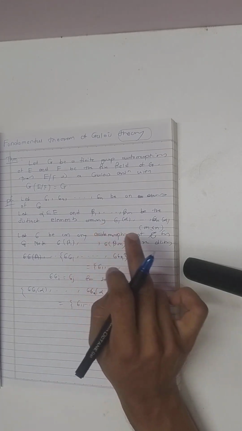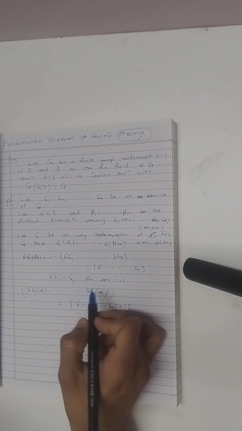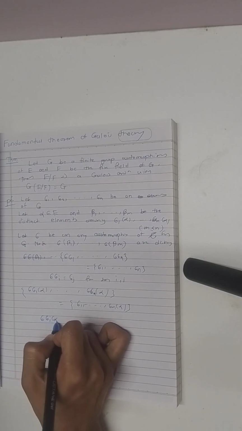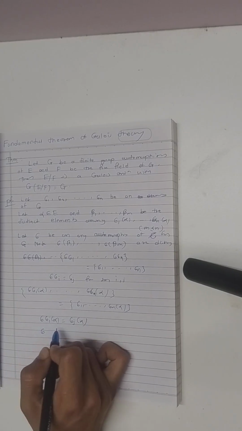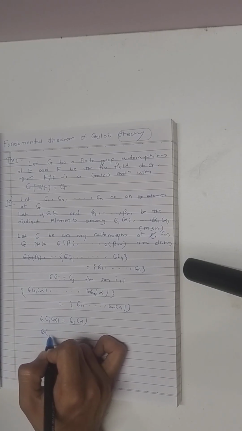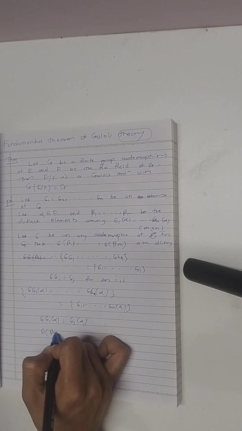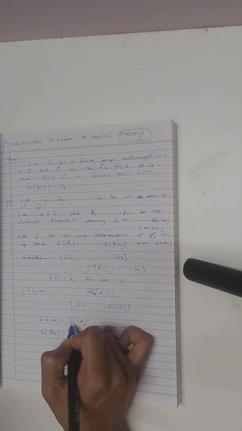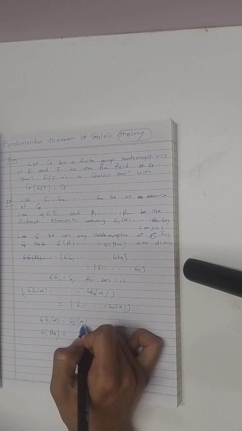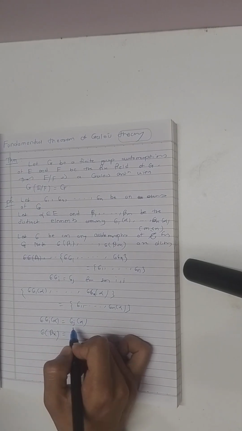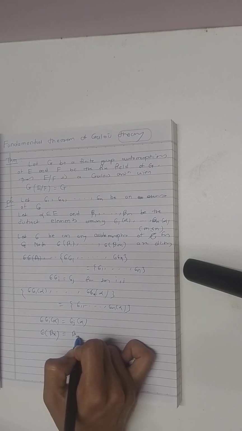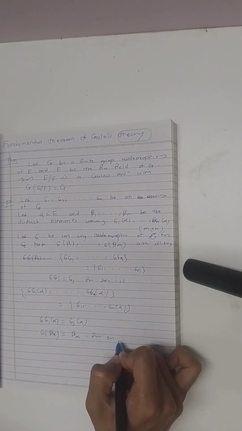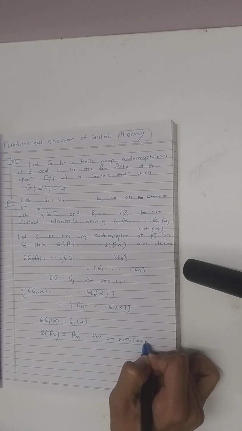So since they are the same elements, we can say that sigma i of alpha is equal to some beta k, and sigma j of alpha will be equal to some beta m, for some k, m, i and j.